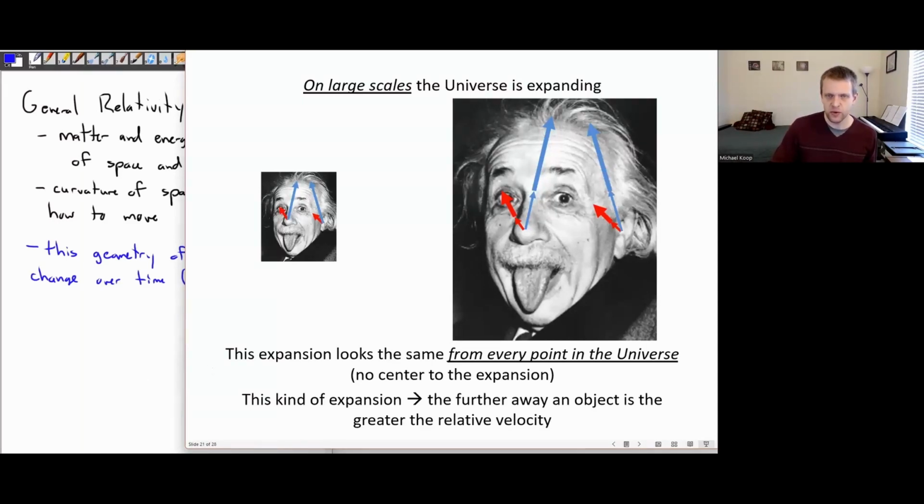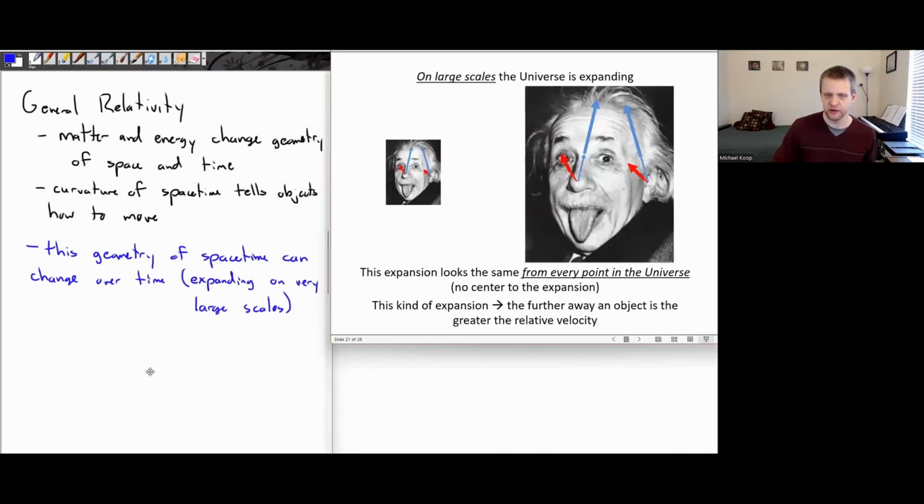The point that I want to make with this is that for this kind of expansion, all observers at all different points in the universe see this universe expanding away from them. And the further away the object is, the faster the expansion.